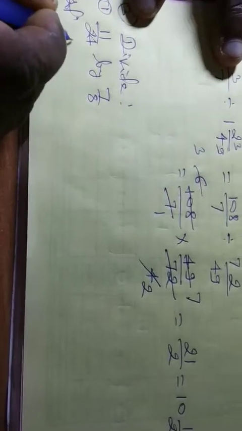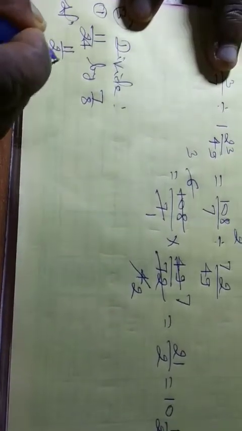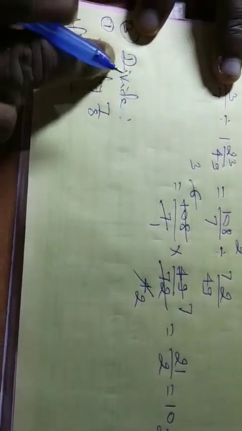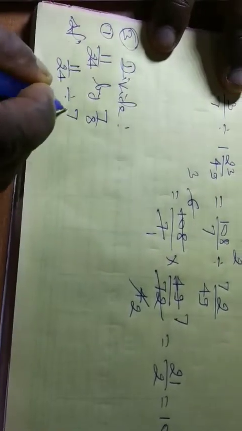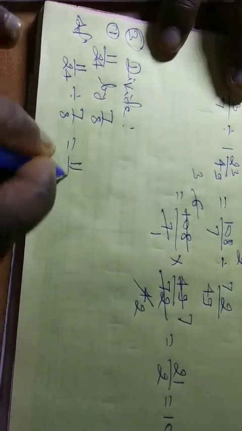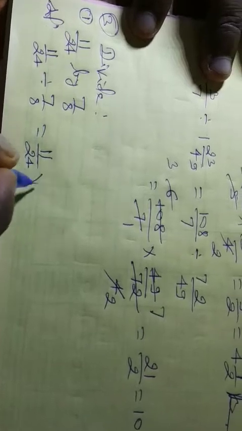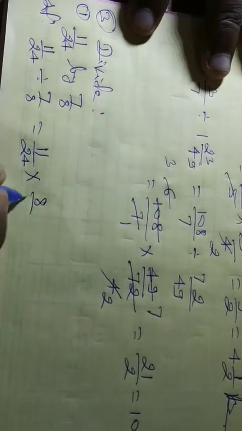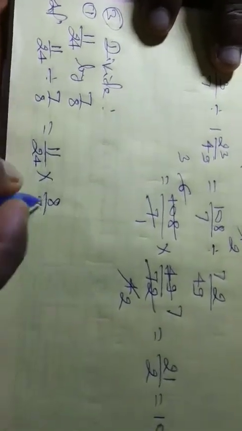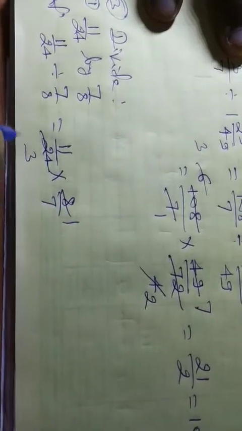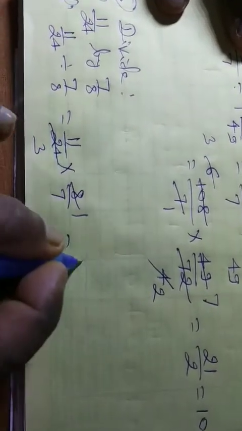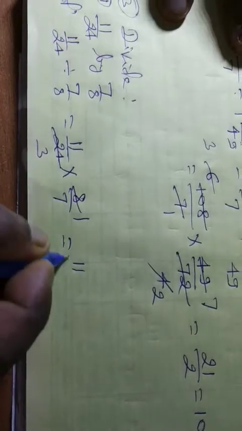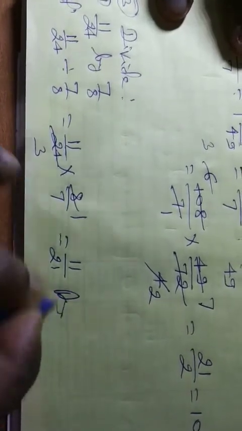Here it is division also, because divide is given in the question. 11 by 24, sign change, so the position of numerator and denominator is also changed. 8 ones are 8, 8 threes are 24. 11 ones are 11 and 3 sevens are 21, answer.